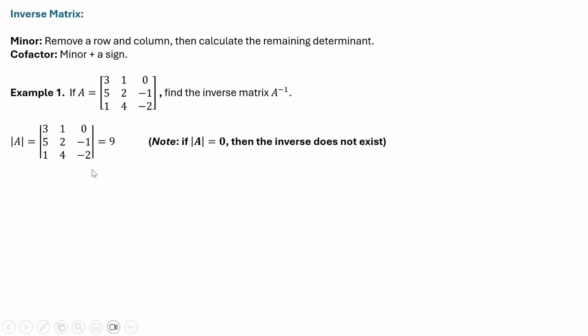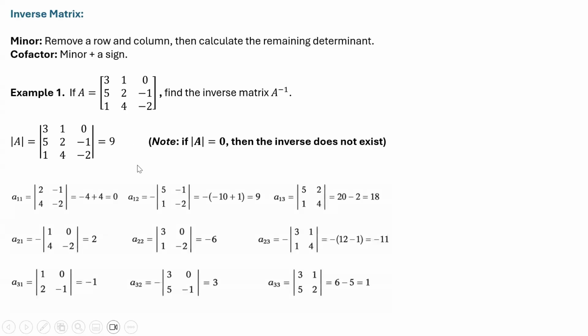For this matrix, the determinant is 9. And one more thing, if the determinant of a matrix becomes 0, then there will be no inverse. So keep in mind, we have 9 here, which is not equal to 0, so we can find the inverse of this particular matrix.